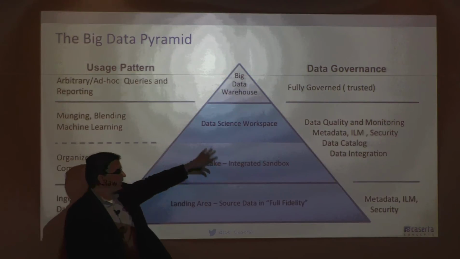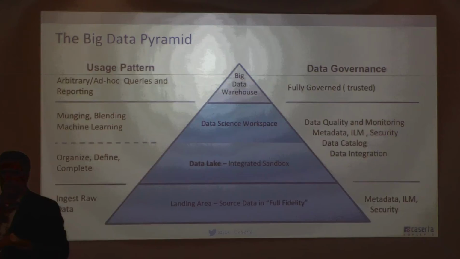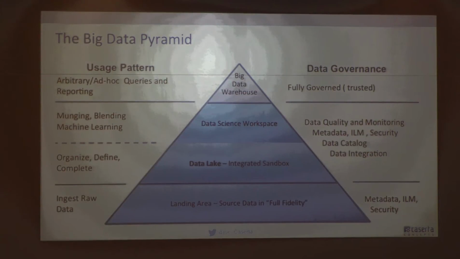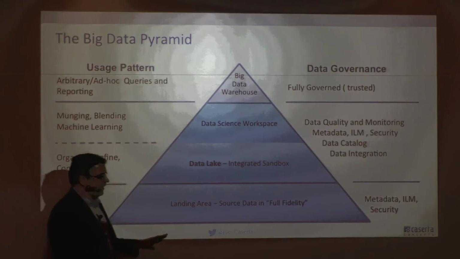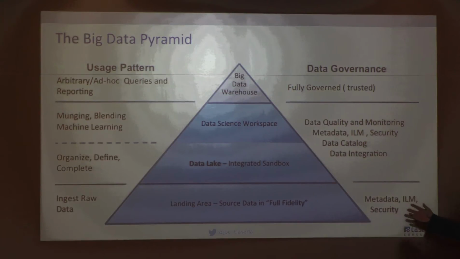And sometimes these middle 2 layers could be thought of as a single one, but it's really 4 distinct use cases. The left-hand side of this is the usage pattern. So what do you do with this data once it's here? And then the other side is how much governance do we have in the tier?